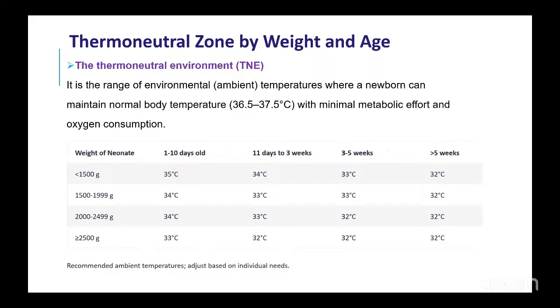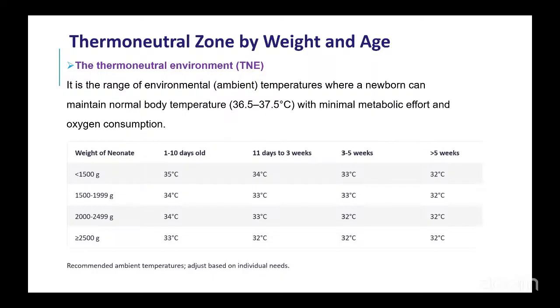So there is what is called the thermoneutral zone. Every baby has a range of environmental temperature where a newborn can maintain normal body temperature with minimal metabolism. The whole idea of maintaining this thermoneutral zone is that the baby doesn't need to spend extra energy or calories to maintain the temperature.